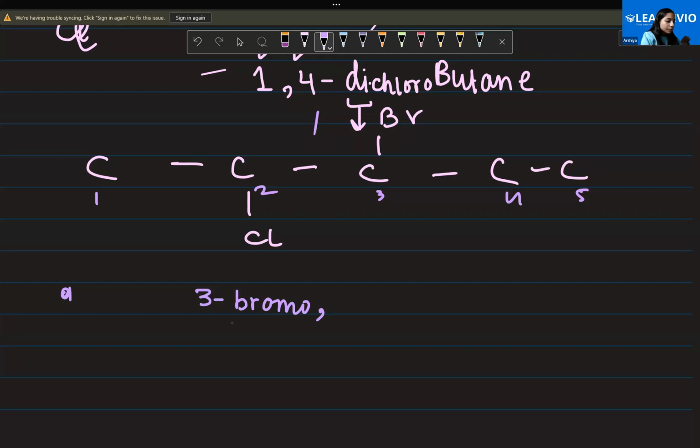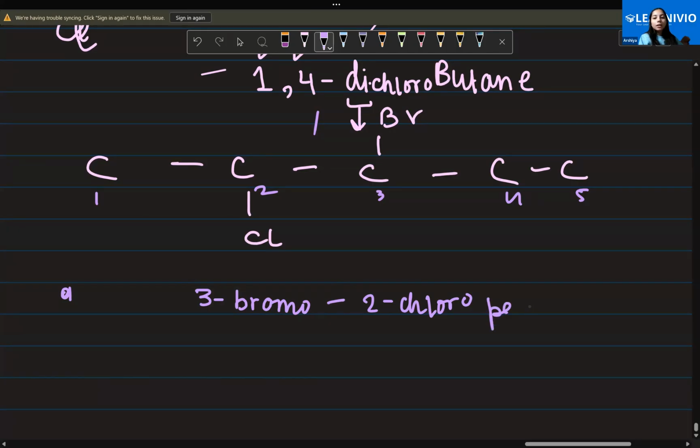Just give me 1 second. Why did I put the comma? Okay, so 3-bromo, then a dash, 2-chloro, and there's no other functional group, 5 carbons, so pentane. 3-bromo-2-chloropentane.